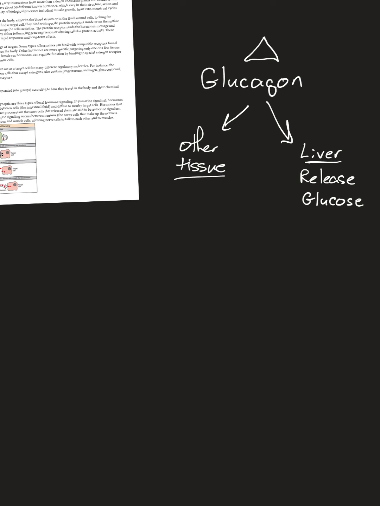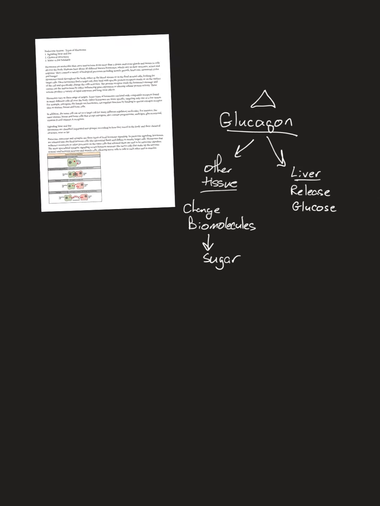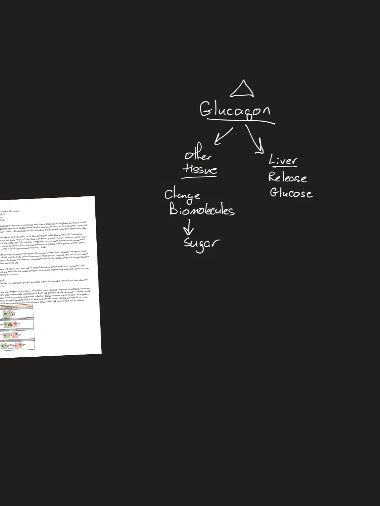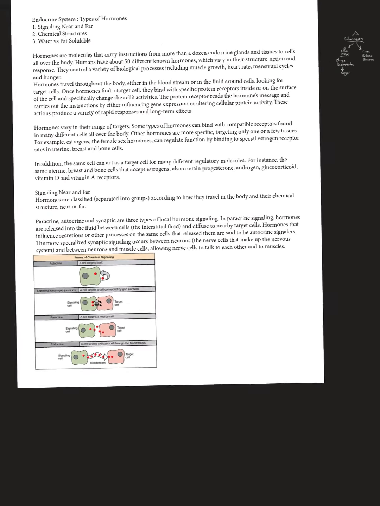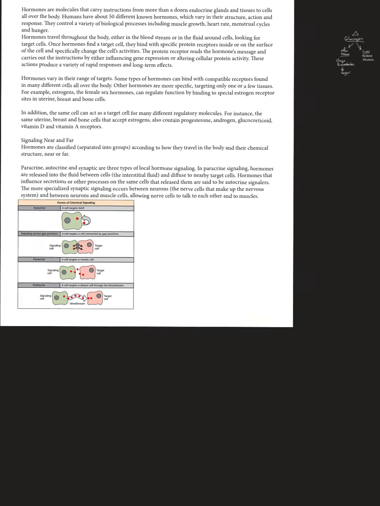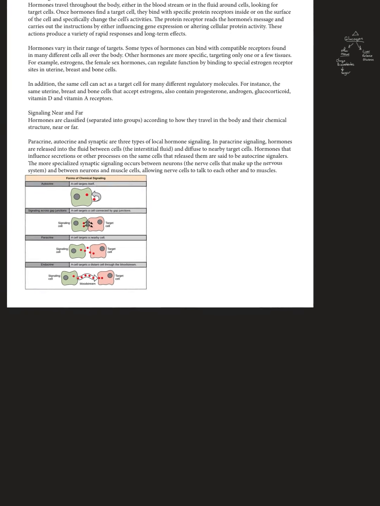I hate to use a triangle again, but it's going to change biomolecules to sugar. So it's the same signal, just in different cells it's going to have a different outcome. So it's important to understand, when you're dealing with hormones, that they're generalized signals that have various consequences in different cells and different tissues.